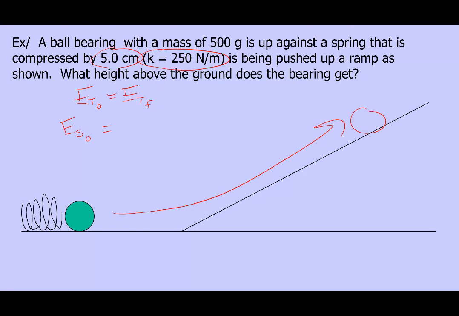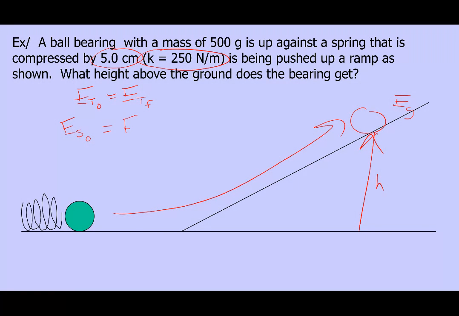What types of energy does it have when it gets up to there? Well, of course, it's going to have gravitational energy now because it's got height. And we're going to be measuring the height right here. When it gets to its max height, will it have any kinetic energy? Well, no. When it gets to a max height, it's going to stop before it rolls back down the ramp, back towards its starting spot.